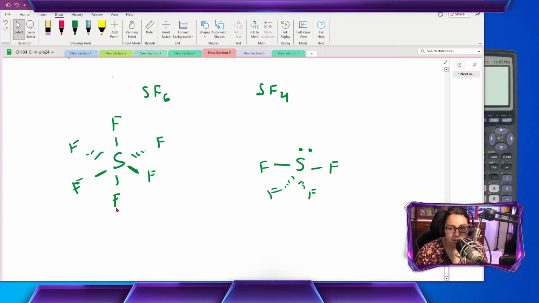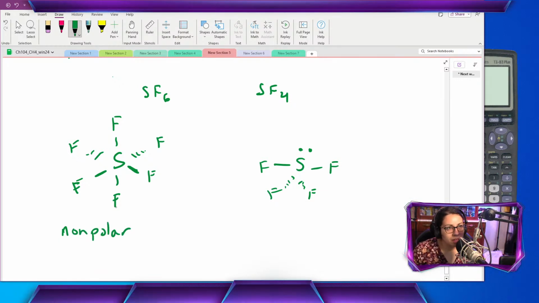If we look at SF6, this is another one where it's fully symmetric. If we were to draw out all our arrows, they're all going out in an even direction and they cancel out. So this would be nonpolar. You want to make sure that you can draw this Lewis dot structure on your own. I drew it out for y'all so you could compare more readily.